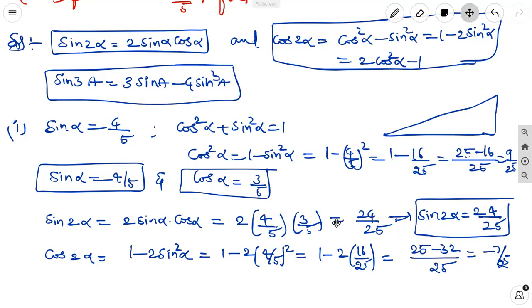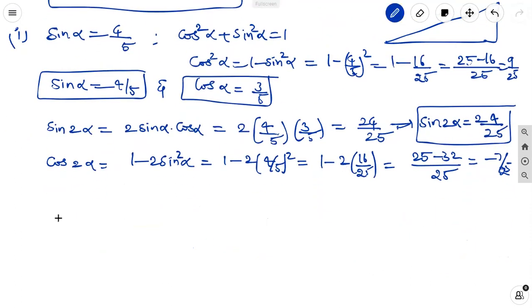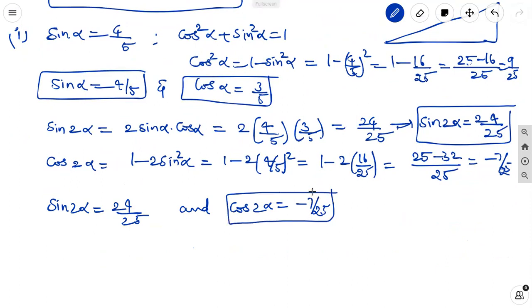So from this, sin 2 alpha is equal to 24 by 25 and cos 2 alpha equal to minus 7 by 25.